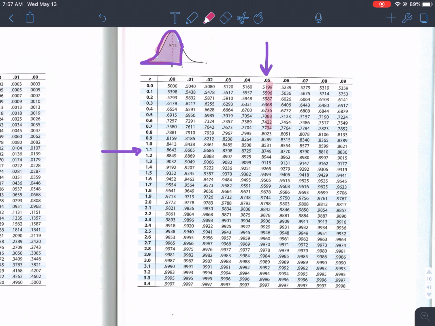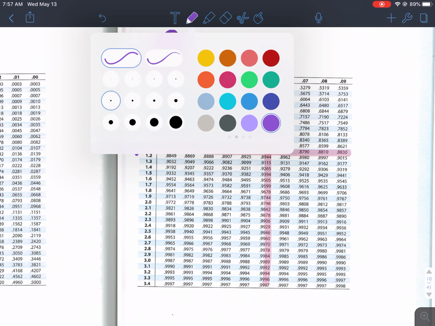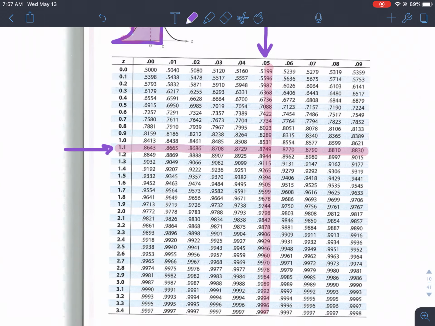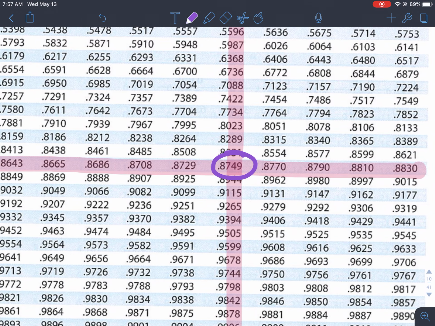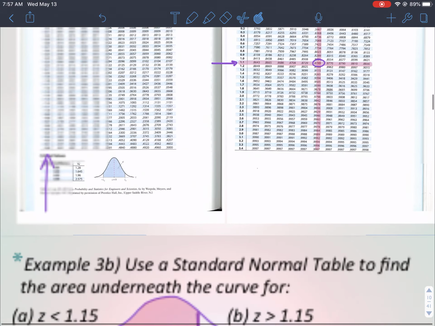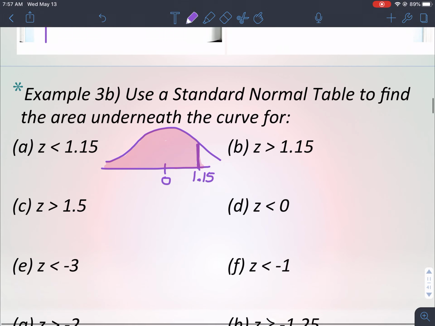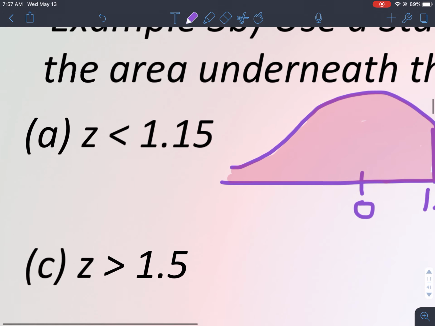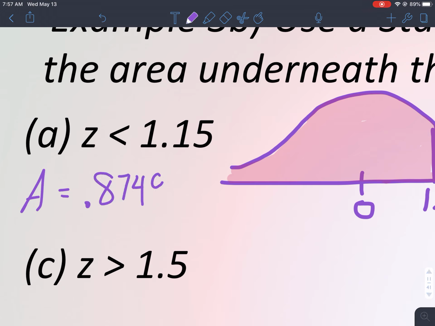So 1.15 is going to correspond to 0.8749. The area underneath the curve would be 0.8749. As a percentage, that would be 87.49%.